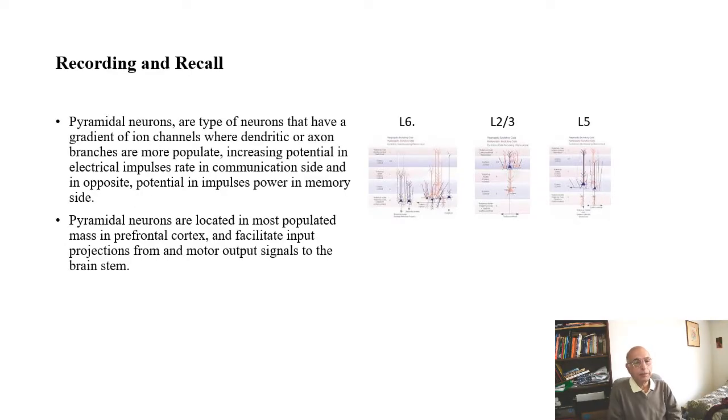In the cortex, and specifically in the cortex columns or neural assemblies, there are a variety of neurons, but the dominant neurons are from two main types, pyramidal neurons and granular neurons.